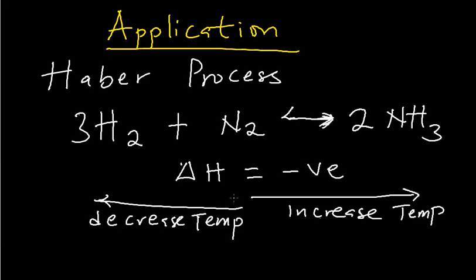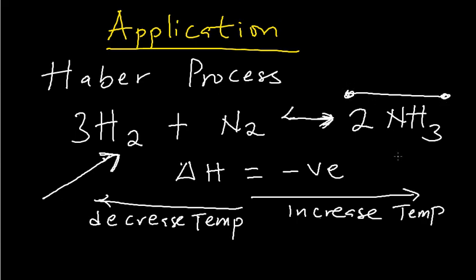Now we want to apply an external constraint so that more ammonia is produced in this industrial process. We want more production of ammonia.